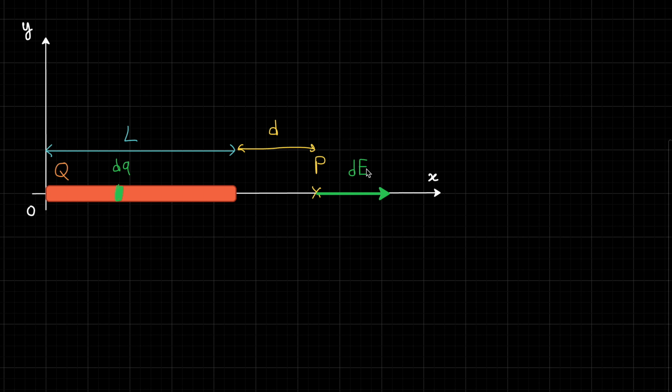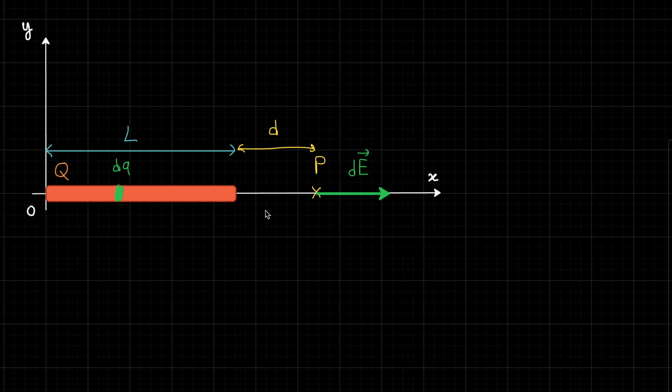So dE is the electric field vector due to point charge dq at point P. Now, there are many point charges like dq. In fact, there's an infinite number of point charges that make up the linear charge distribution capital Q. So to find the total electric field at point P, we need to add up all the electric field vectors due to each of these point charges dq.